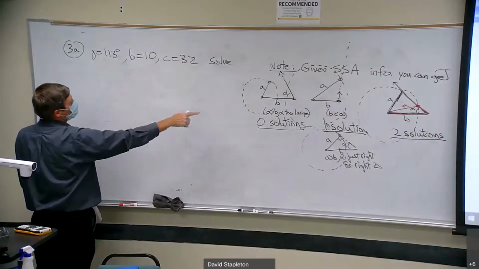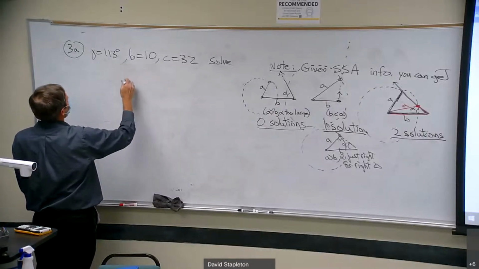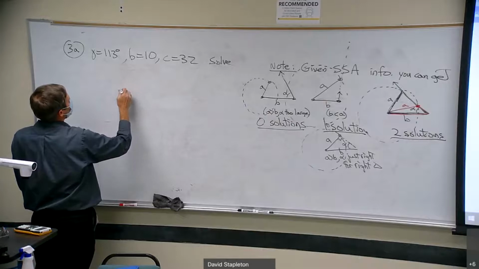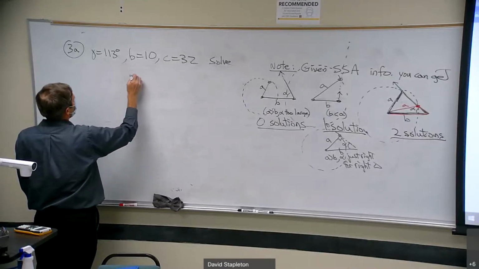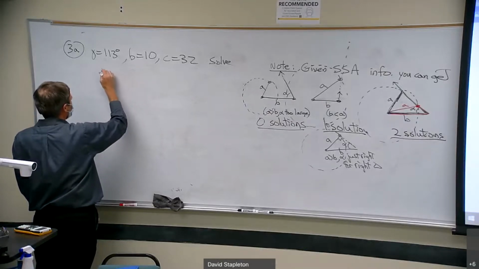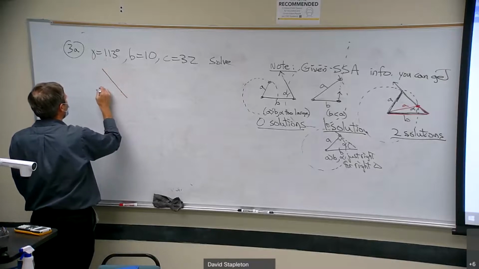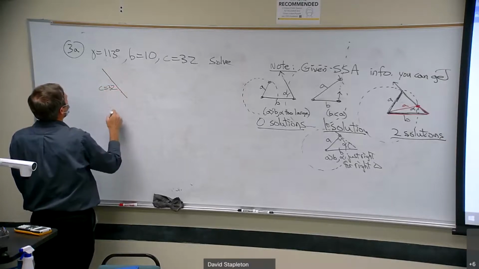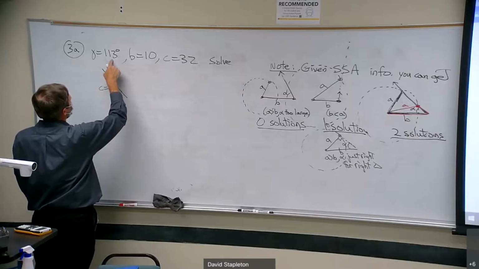So now this isn't A, B, alpha, but it's still side-side-angle if you draw it. Let's put C right here, it's 32. And then at 113 degrees, let's see.